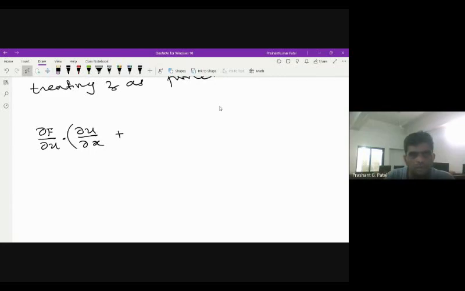but what is the situation here? The situation is this u is a function of x, y, z, but z depends on x and y. So it will be del u by del x into del x by del x, and del u by del y into del y by del x, plus del u by del z into del z by del x.